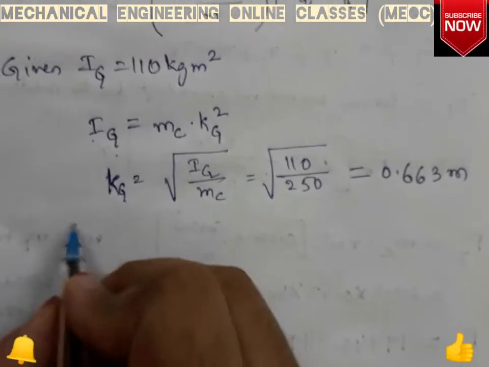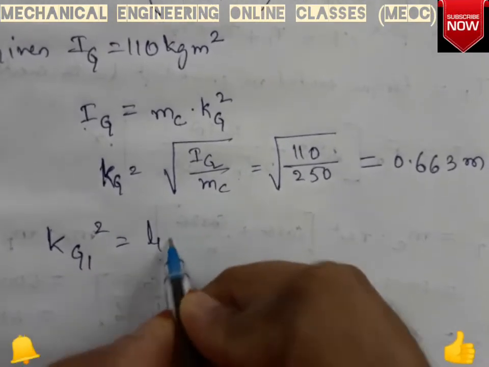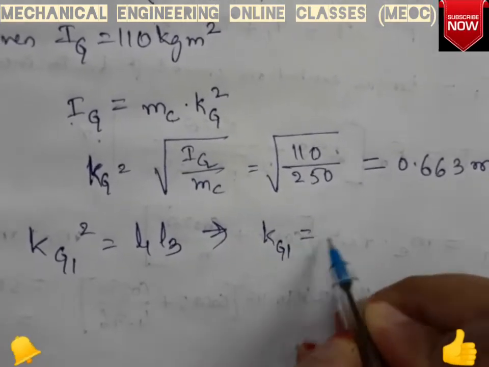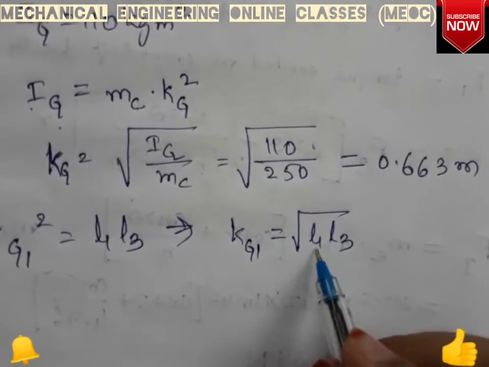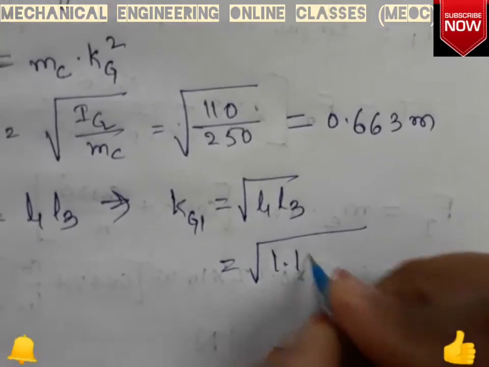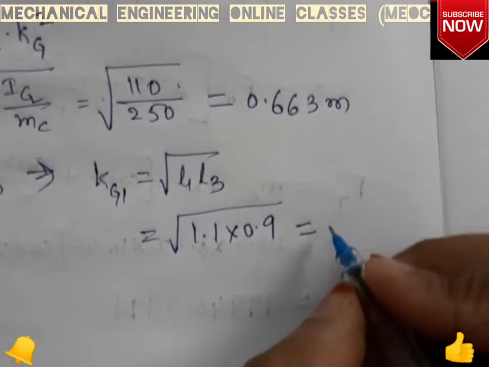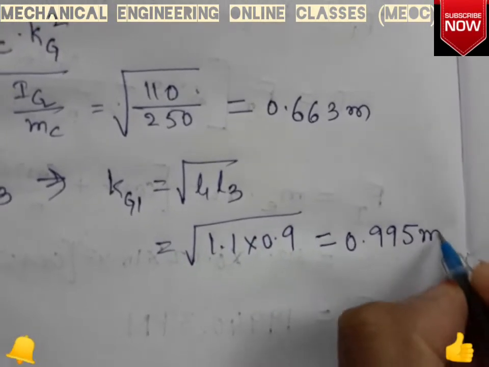Now we also know that kg1 square is equal to L1 L3, or kg1 is equal to root over L1 into L3. L3 is given, from which we have found L1. So this is equal to root over 1.1 into 0.9, which will be equal to 0.995 meters.